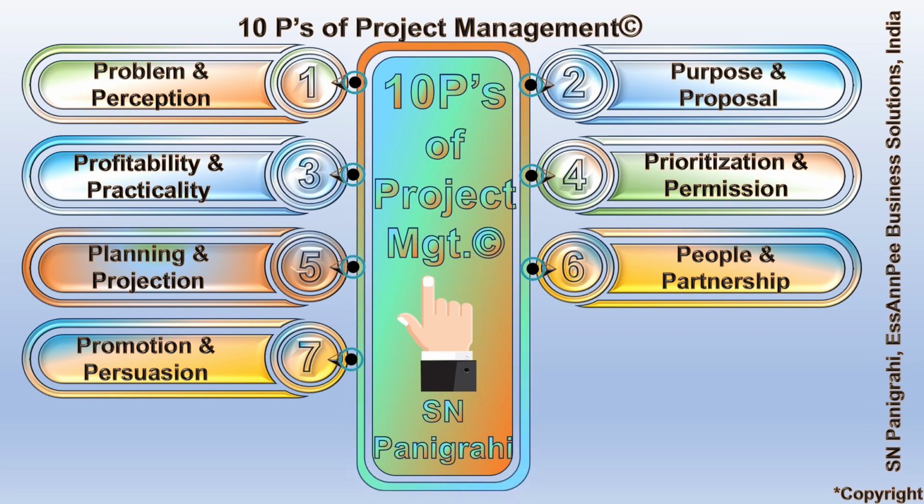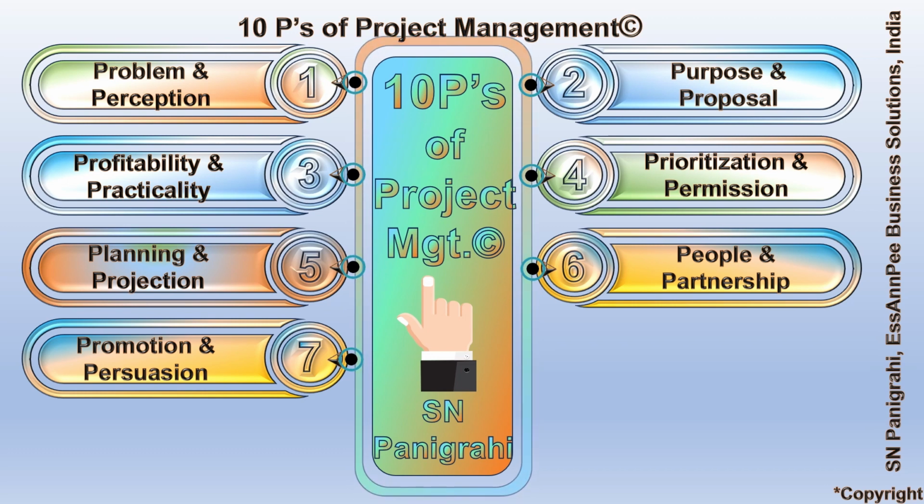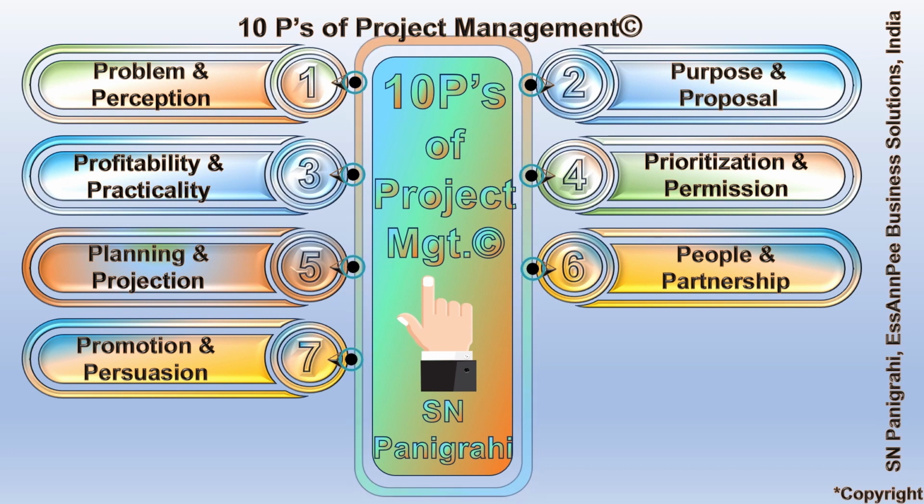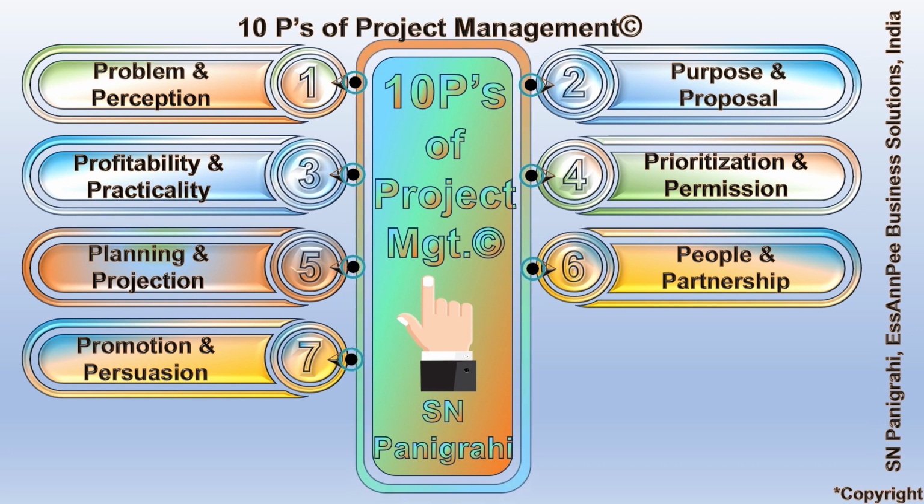Use persuasive communication to address concerns and generate enthusiasm. Transparency and trust: regularly update stakeholders on the project's progress, challenges, and achievements. This fosters transparency, builds trust, and ensures continued support.